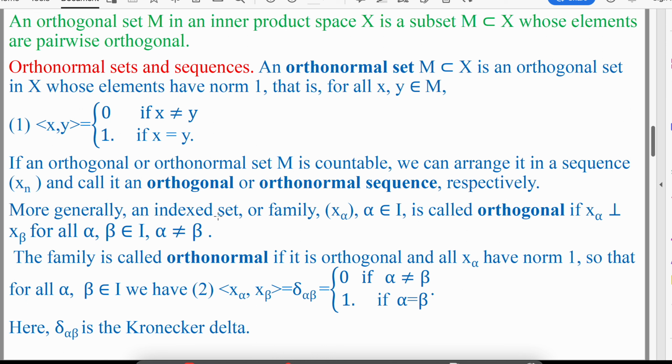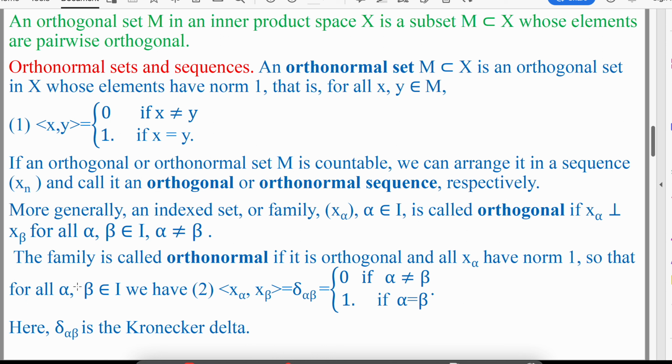So, if we consider a family x_alpha with indexing set where alpha belongs to I, then it is called orthogonal if x_alpha is orthogonal to x_beta for all alpha, beta belonging to I and alpha not equal to beta. And this family is called orthonormal if it is orthogonal and all x_alpha have norm 1.